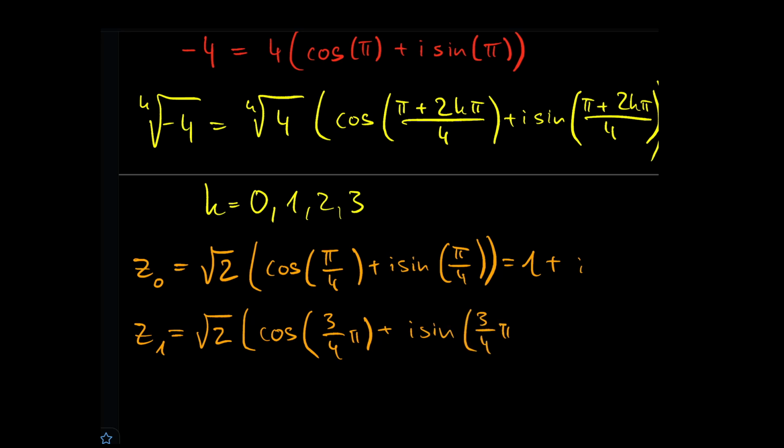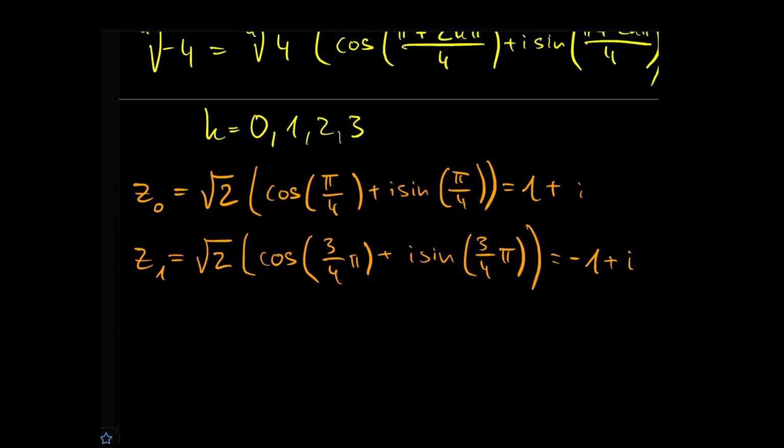The cosine of 3/4 of pi is -1 over square root of 2, but we have the square root of 2 over square root of 2, and this just gives us -1. And then we have the sine of 3/4 pi. This is just 1 over square root of 2, and this cancels out with the square root of 2, so we are staying with a 1 here, with an i here.